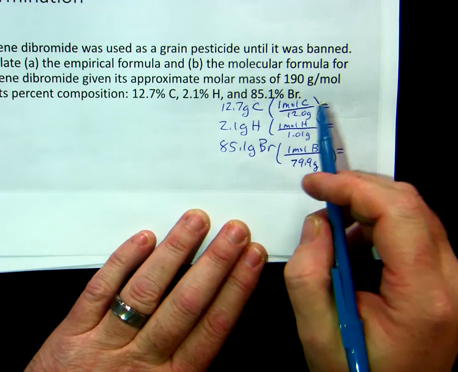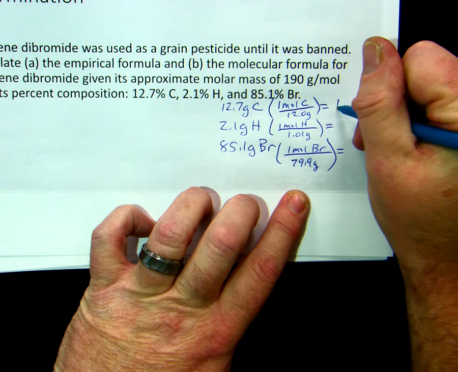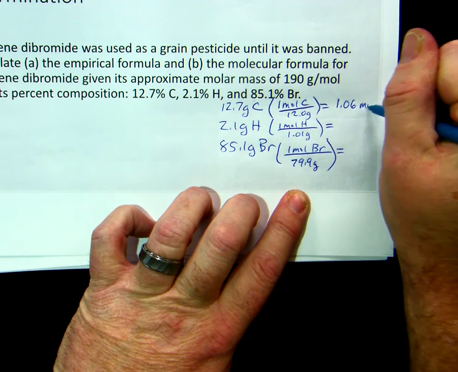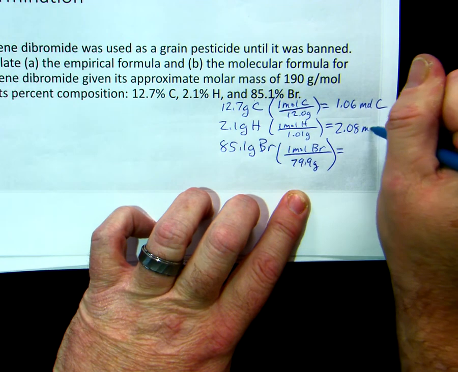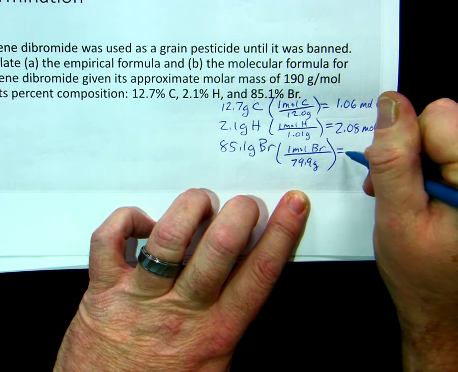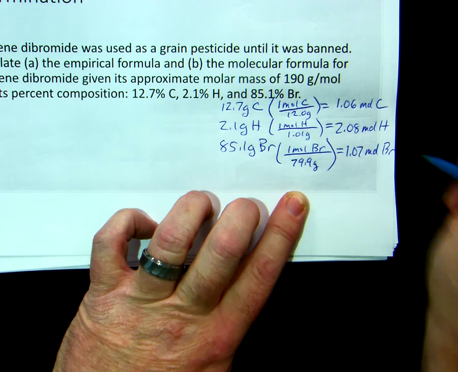All right, so when I crunch these numbers, and I'm hopeful I did them right, first time 1.06 moles of carbon, 2.08 moles of hydrogen, and 1.07 moles of bromine.